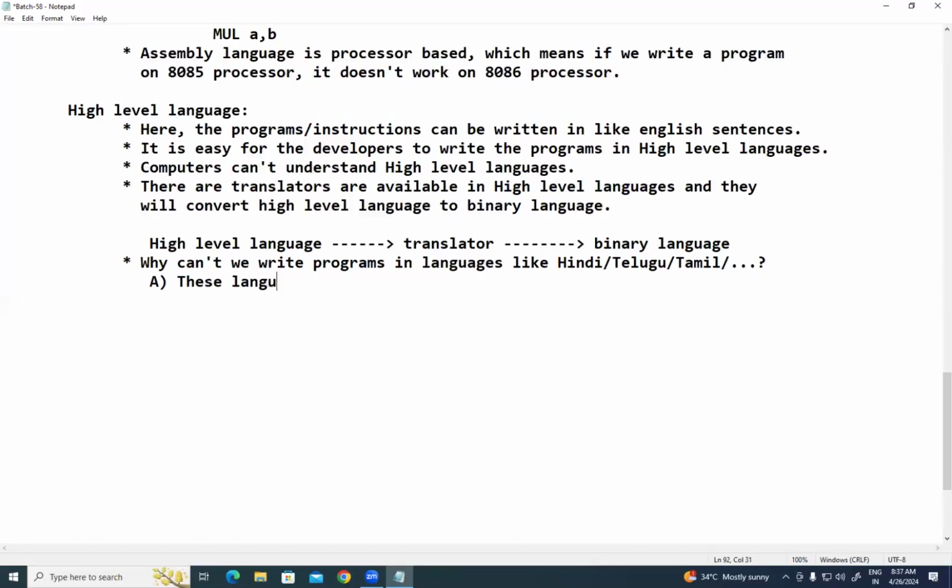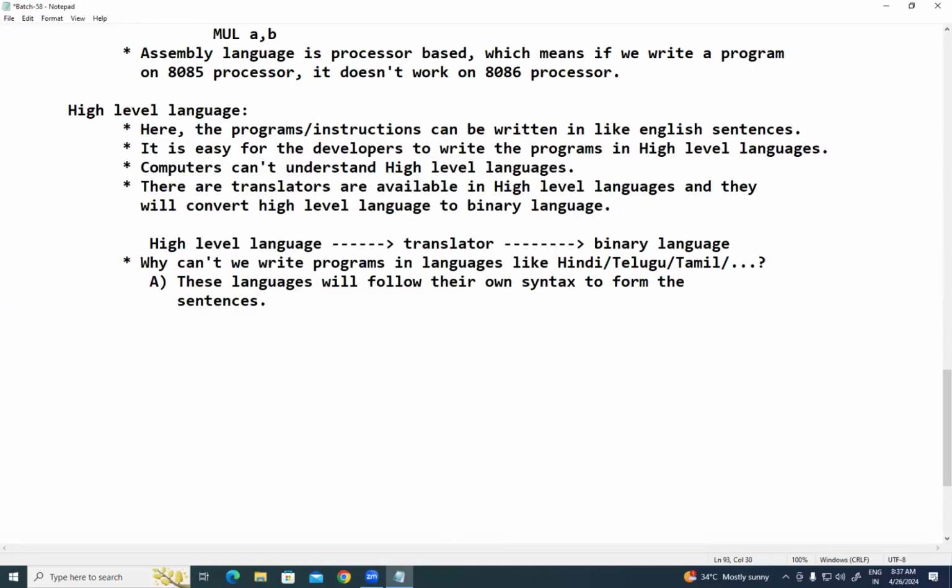These languages will follow their own syntax. Am I right? All will not follow the same syntax, na? They will follow their own syntax to form the sentences.